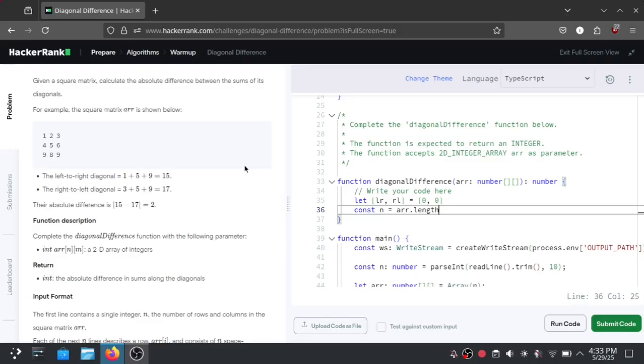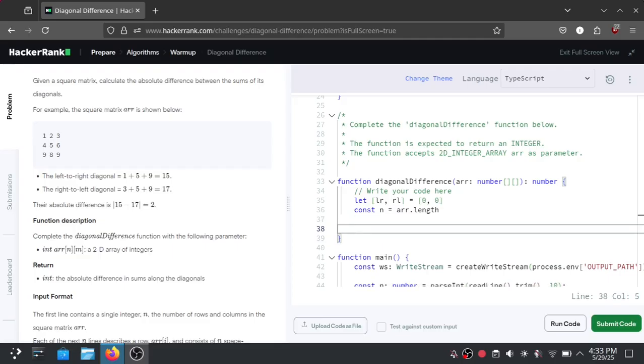And then we are using a for loop. We are iterating just one, not the entire two-dimensional array.